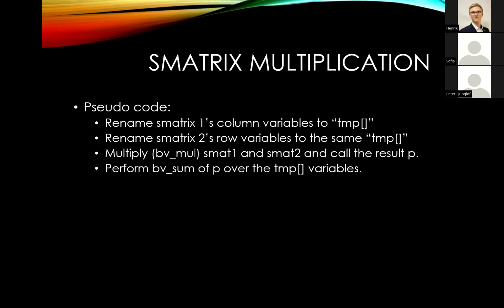So what we'll do is we'll just rename the first matrix's column variables to some temp that is not used anywhere else. And we do the same thing for the matrix 2's rows. And now to compute them, we just multiply them, normal BB mult, and then call the result P, and then BB sum over the temp variables. So effectively we add up all the internal results in between.